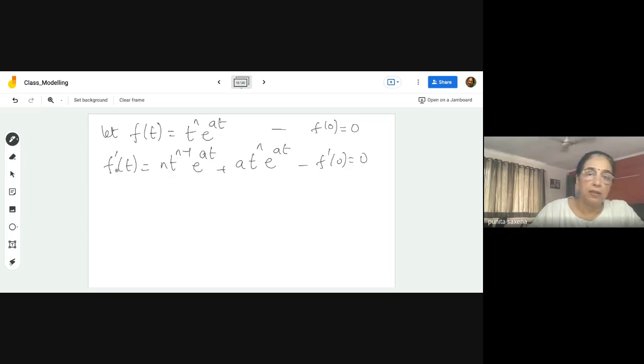Now see, I'll take Laplace transform in this equation. I'll write the right hand side first and then the left hand side because we need to use the results.